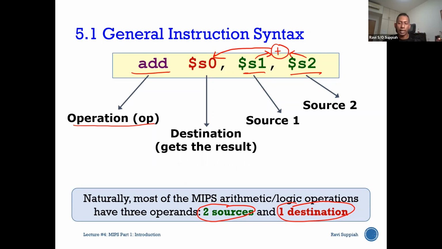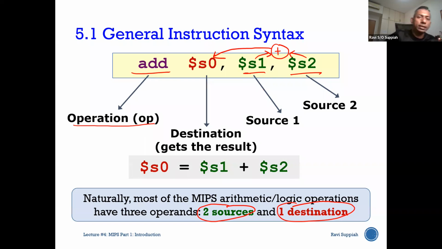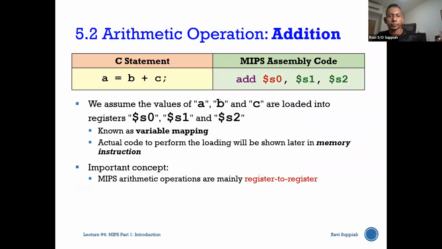At a high level, we can write whatever we want, and the compiler translates everything into these low level instructions. In C, you can relate it to this one line here: S1 plus S2, put the result into S0, and that translates into this assembly language instruction.